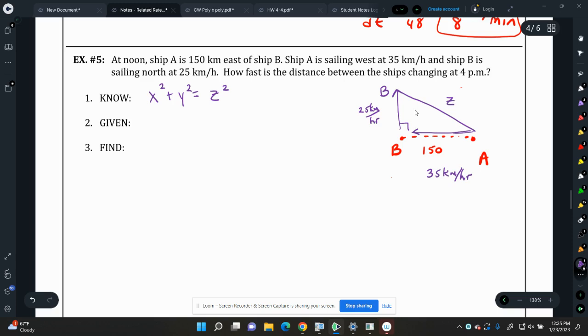So let's go ahead and differentiate and see what we have. We may have to do some more figuring. So we have 2x dx/dt plus 2y dy/dt equals 2z dz/dt.